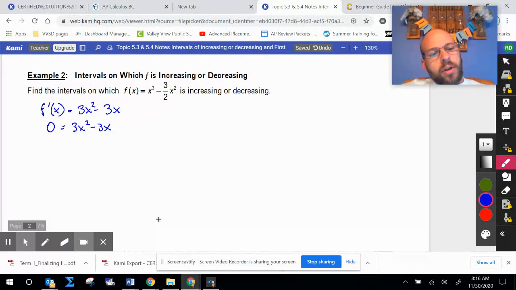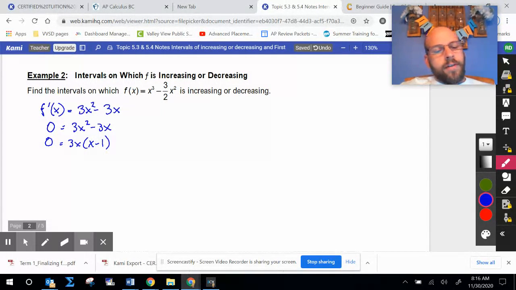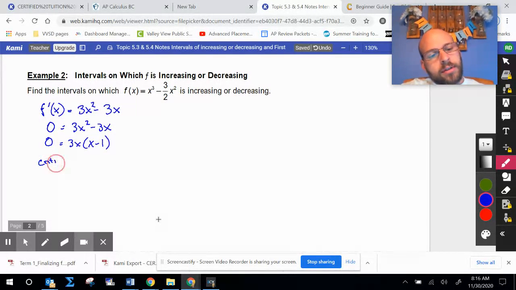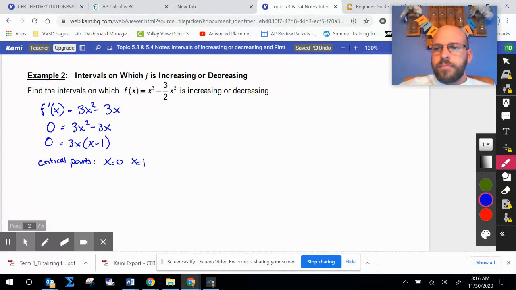So if I solve this, I'm going to do a little factoring. That gives me an x minus 1 if I factor out a 3x. So I know my critical points are going to be at x equals 0 and at x equals 1.